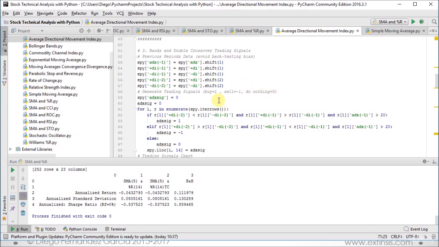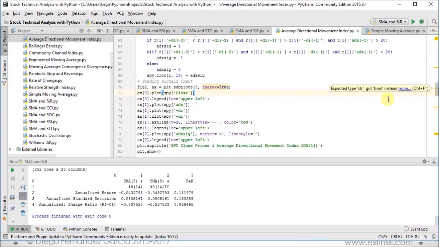Then we have our generation of trading signals, buy equals 1, sell equals -1, do nothing 0, by using that for loop with if conditional, first for buy, nested if for sell, or 0 for do nothing. Then we're going to do the chart, and here the difference is that we have three subplots. First, our close prices, in the middle we have our corresponding oscillator, and then at the bottom we have the corresponding signals associated with this strategy.